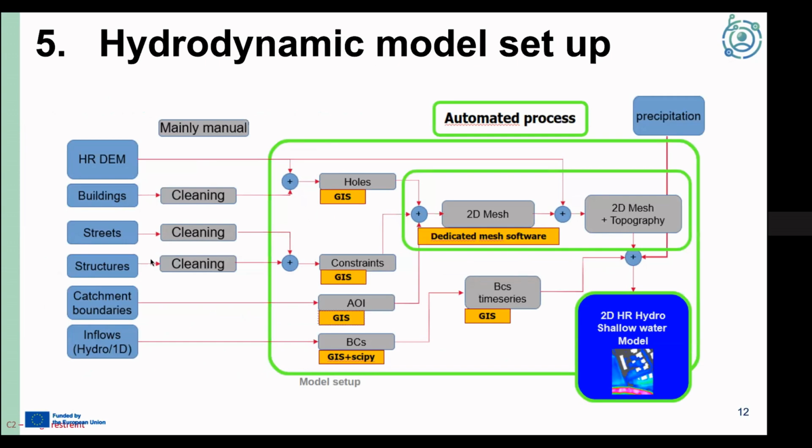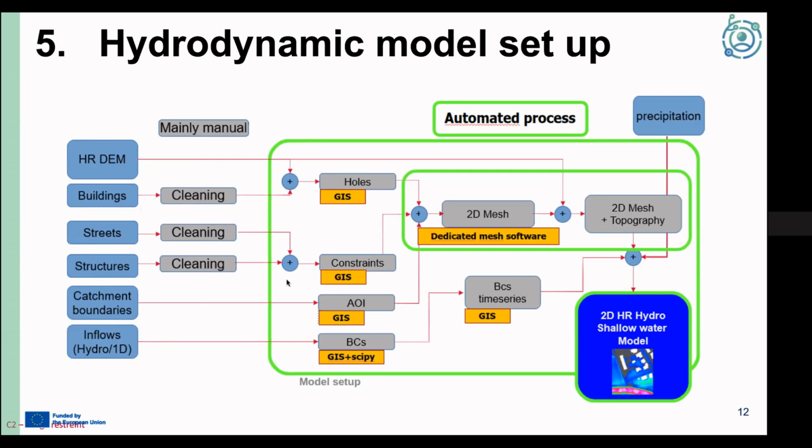To set up our hydrodynamic model, we have different steps. First, we have to gather all the inputs. So for example, here we have the digital elevation model, a building mask, street mask, structures like bridges or hydrodynamic structures, the catchment boundaries, because we need our constraints at the limits also, and the inflows. They are processed manually, and then we are putting them together to create a grid.